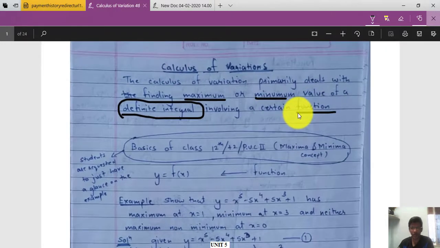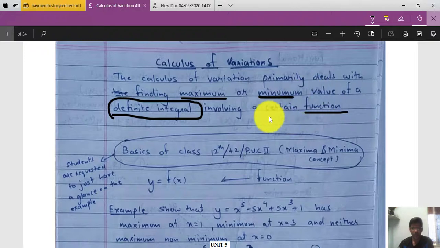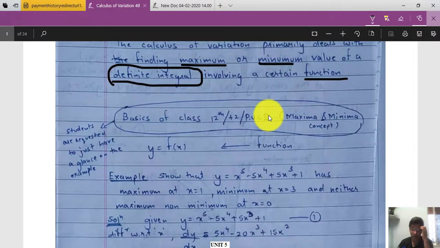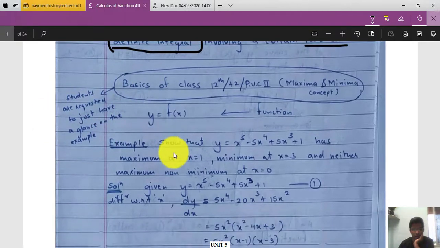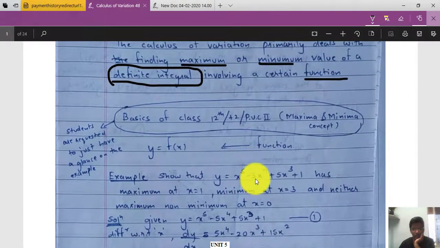So before starting with the concept, let us know what is maxima and minima, as you have done in your earlier classes, as in plus 2 classes, 12th or PUC 2 classes. This is just an example which I have taken. Show that y is equal to x power 5 minus 5x power 4 plus 5x cube plus 1, right?